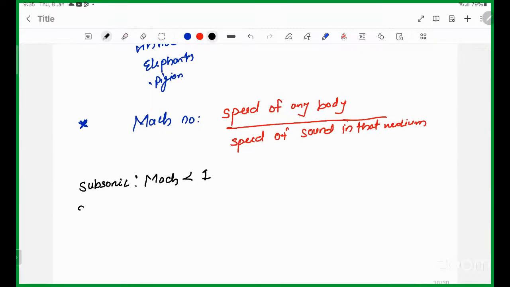In case of supersonic, the Mach number is greater than one and less than five. What is hypersonic? In hypersonic, the Mach number is always greater than five.